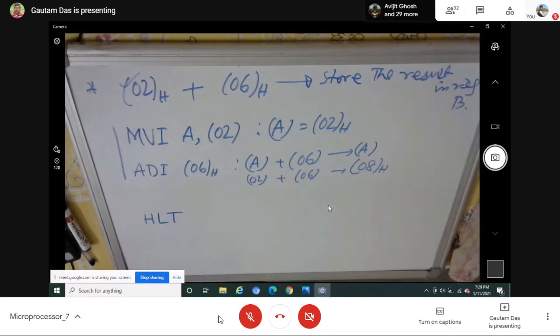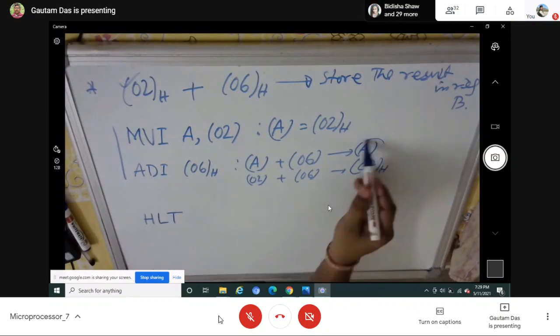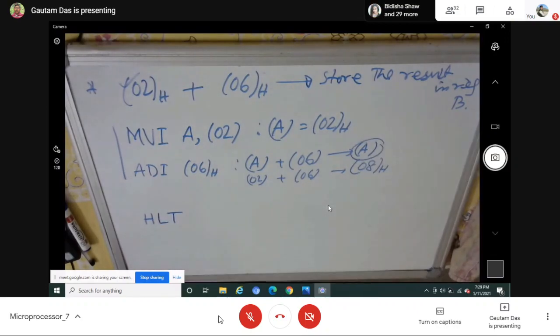Only thing is that our result we have to store in register B. After this our result is where? It is in A. So what do I have to do? I have to move data from A to B.